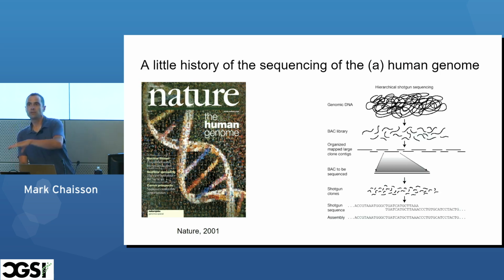But let's dive in a little bit into the methods that were used to build the reference genome. Genomic DNA was taken, sheared into fairly large 240 kilobase fragments to build what's called a BAC library. So these are ways of amplifying really long segments of DNA.